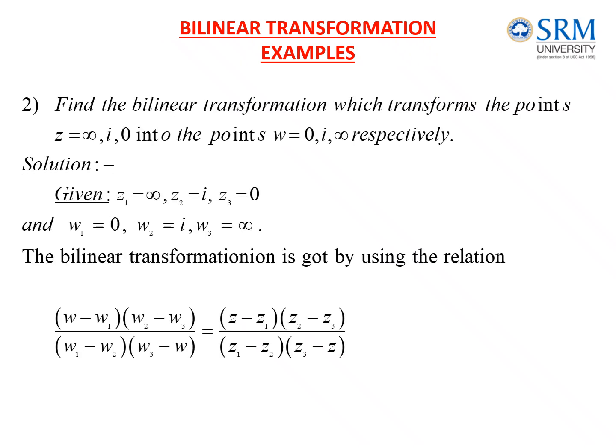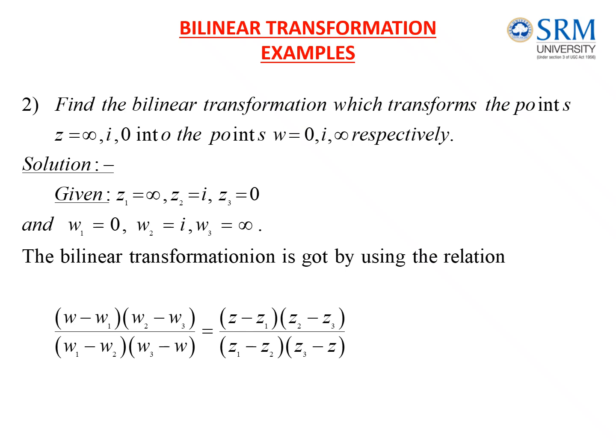Next is an example shown to you. If infinity is one of the points in z or w, or both, how do we find the bilinear transformation? If any point is given as infinity, first we need to simplify the cross ratio formula and get rid of that point from the cross ratio.